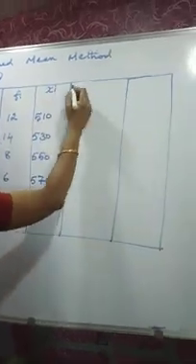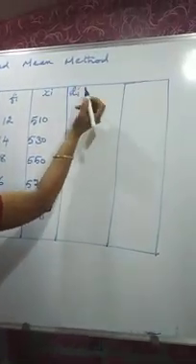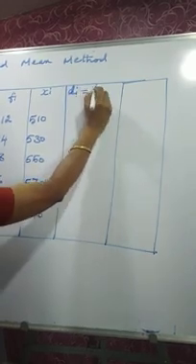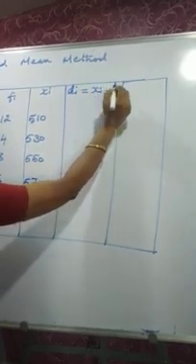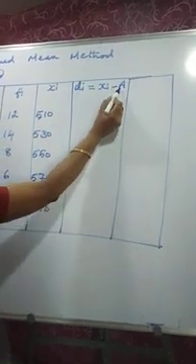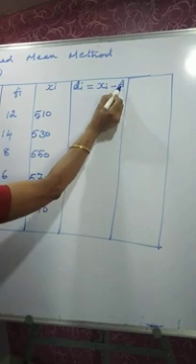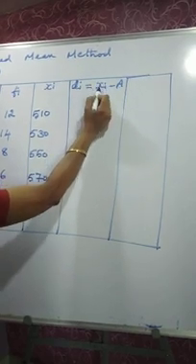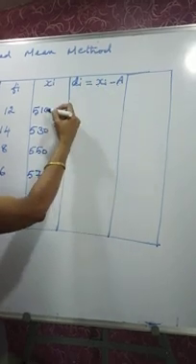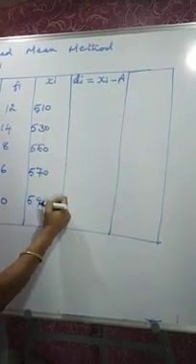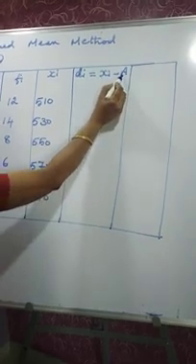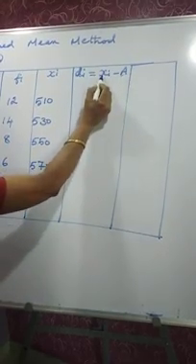The next column is deviation. Deviation is denoted by di. This di is calculated using xi minus a. This a is called assumed mean. This assumed mean is marked from the column xi. Assumed mean can be taken either the first entry of xi or the last entry, but for convenience sake, we take this assumed mean as the middle entry of xi.